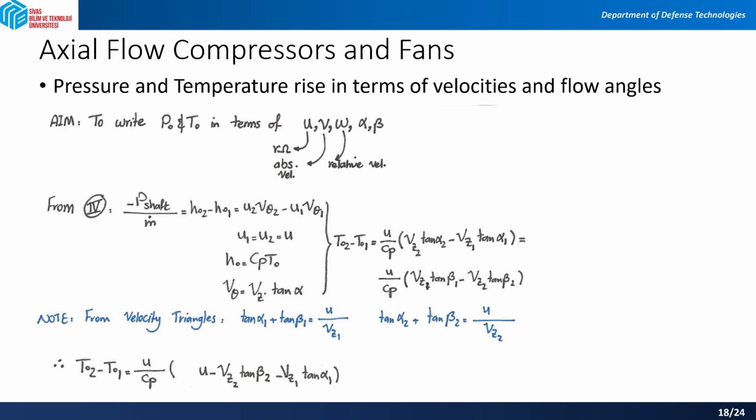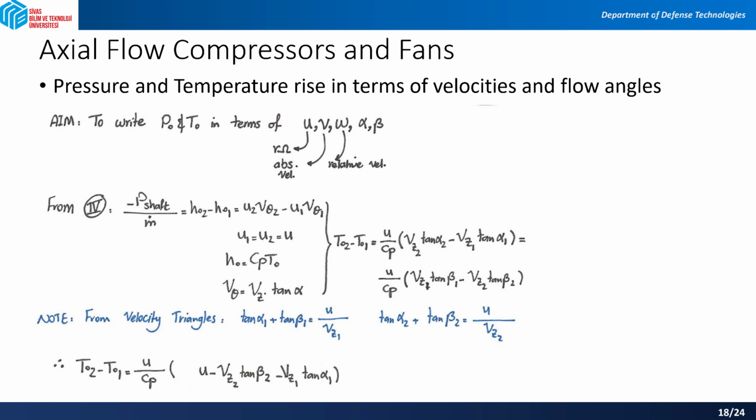So this is a kind of mathematical work from equation 4 that we ended up with last session. You can write that your shaft power over m dot is nothing but the change of your total enthalpy, and your total enthalpy is the difference of u v theta, and we said that u stays the same, and our total enthalpy is a function of temperature.